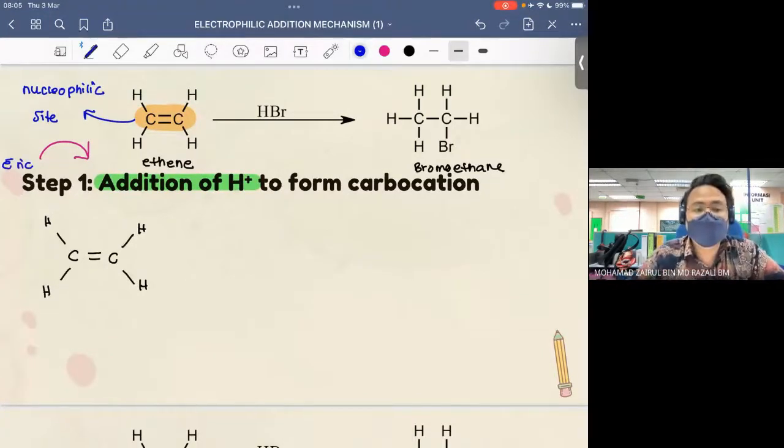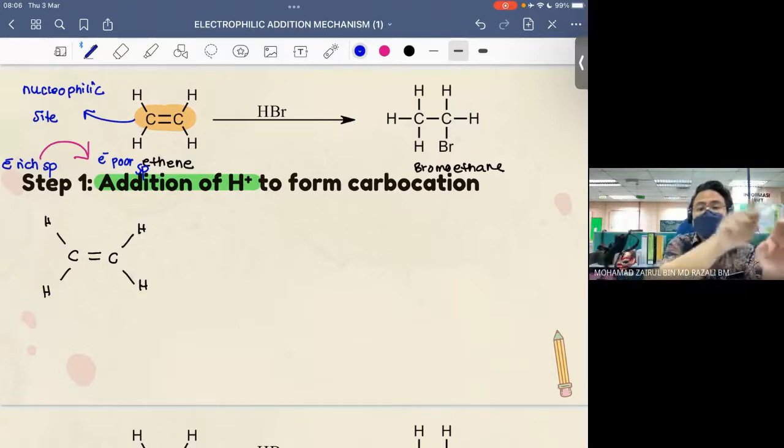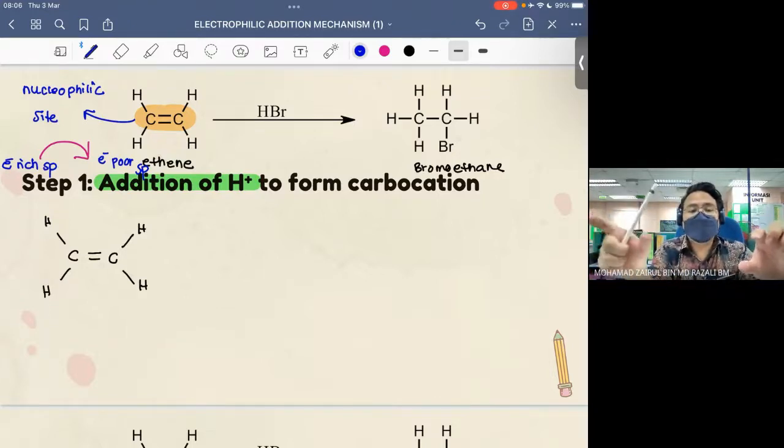Yang ini awak kena faham konsep sebelum kita buat mechanism. Arrow must come from the electron rich towards electron poor. Sebab awak tengok anak panah tu menuju, maknanya electron rich species ni dia akan donate a pair of electron to the electron poor species.